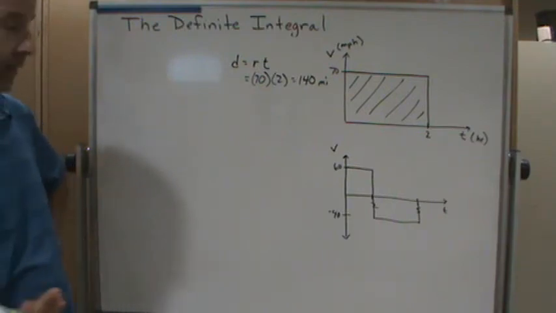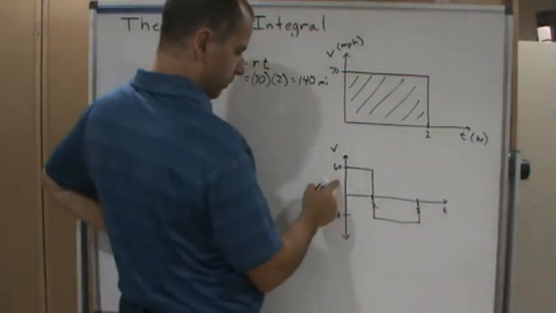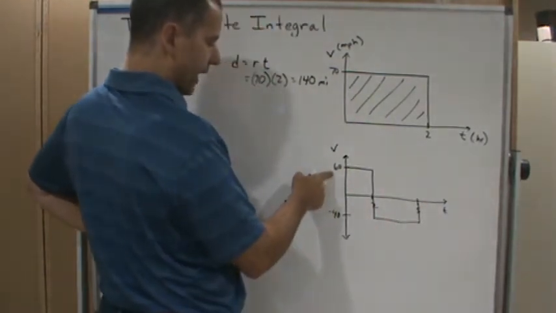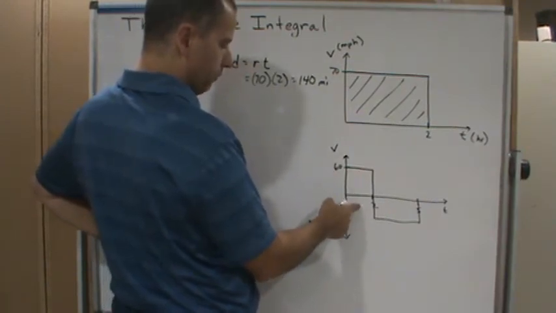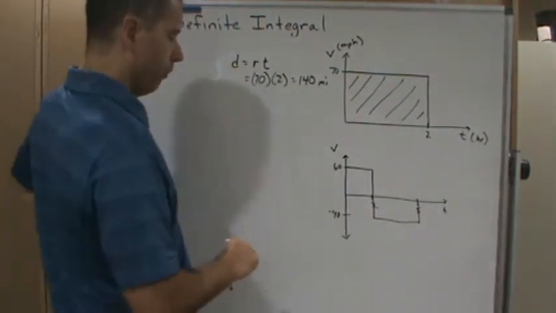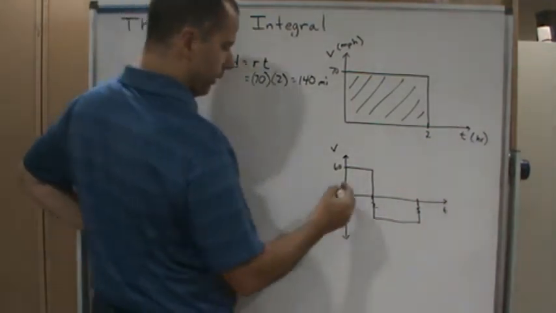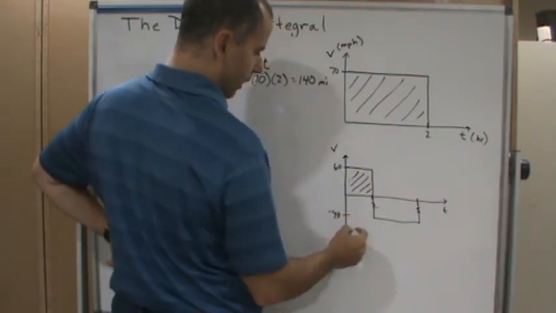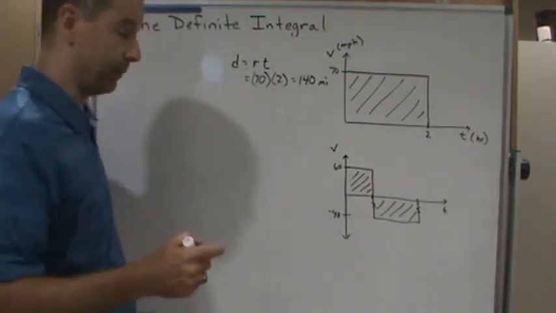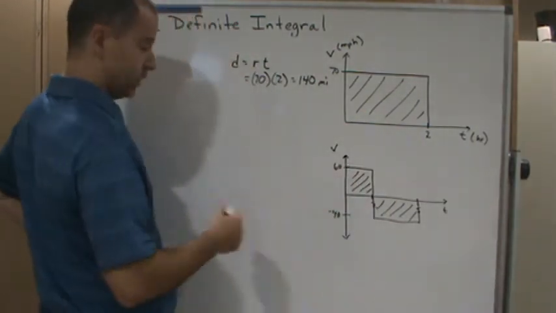Now, in the case of displacement, for example, the car drives due north at 60 miles per hour for 2 hours, and then drives due south at 40 miles per hour for 3 hours. We can find the displacement by using this area and this area and then subtracting them, just like we talked about before. Because these are constant velocity problems, we can just use algebra.